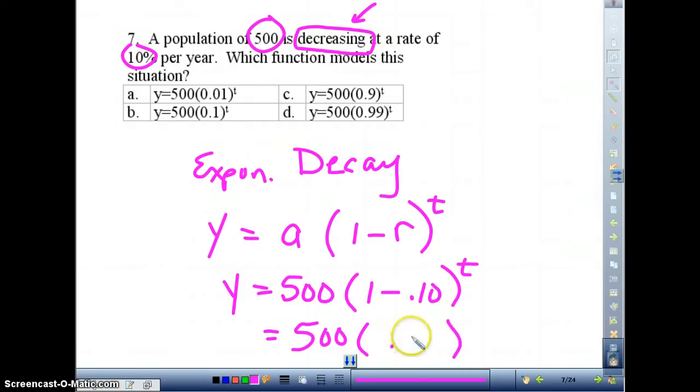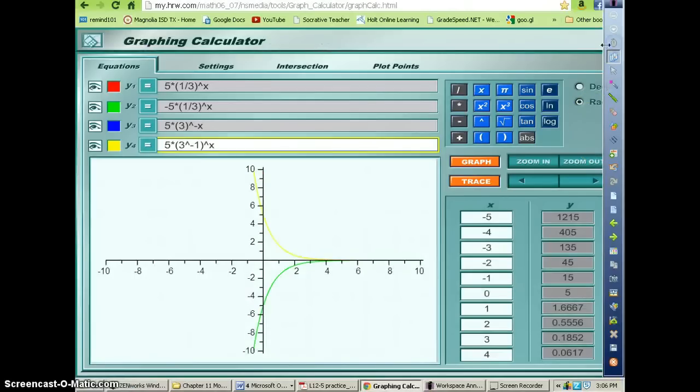Yep, multiplied by 0.9 raised to the t. So your answer here should be C. Are you checking your answer bank? Gave you guys an answer bank to make sure you're getting these right. Okay, let's move on. Got that one right.